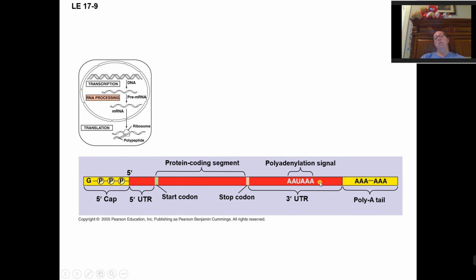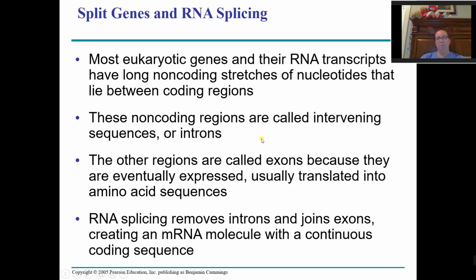Then you have a whole bunch of poly A signals, and this is a 3' UTR region, so this is not translated either. And then you've got a big poly A tail. So the system is designed to really protect the protein coding region right here, right? So it has lots of things in the front of it, the 5' end, and lots of things at the 3' end to make sure that nothing happens to it when it goes out of the nucleus for translation.